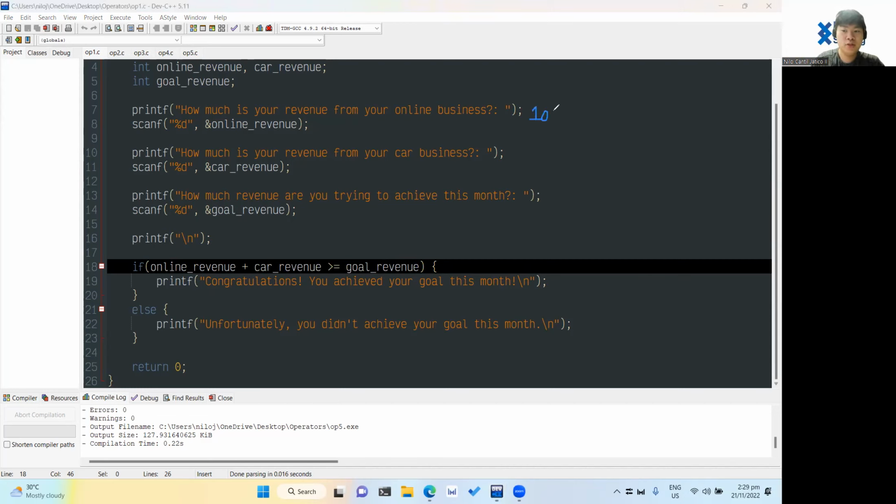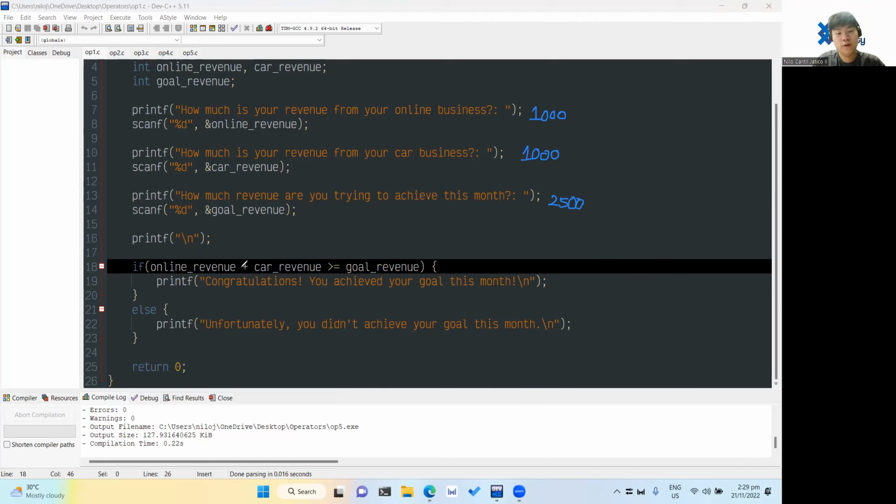You want to achieve 2,500. So when you plug in the values here, since the addition goes first, since that is the most important one, 1,000 plus 1,000, that's equal to 2,000.